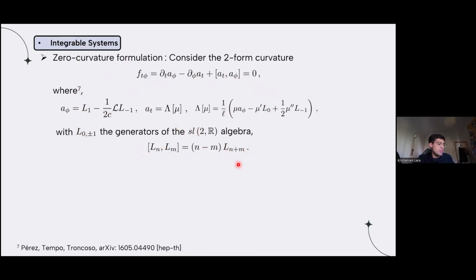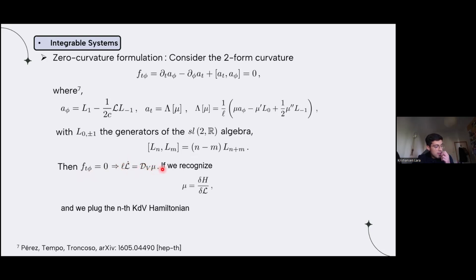Then F_t phi will yield this differential equation, this operator D_B acting on mu. Nonetheless, if we recognize mu as the functional derivative of H with respect to L, and you plug in the nth KdV Hamiltonian, you cannot plug anything that you want. You must do some refined guess in order to arrive at an integrable system.